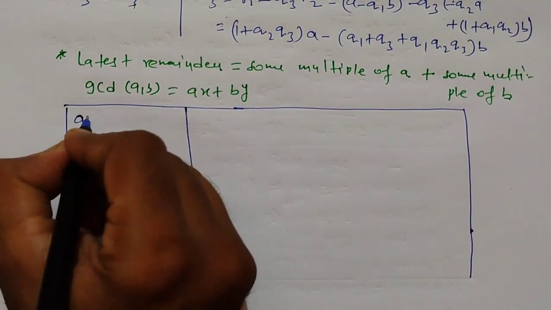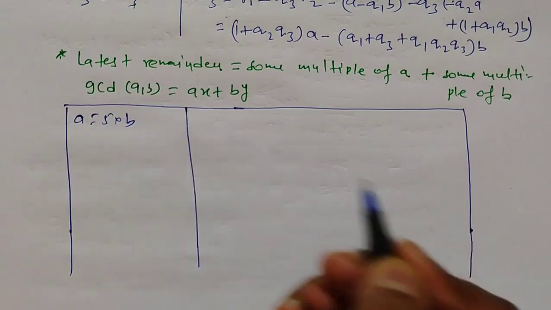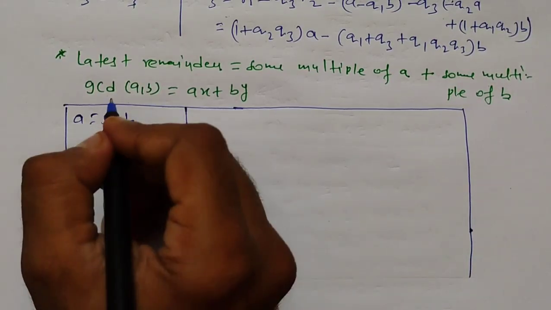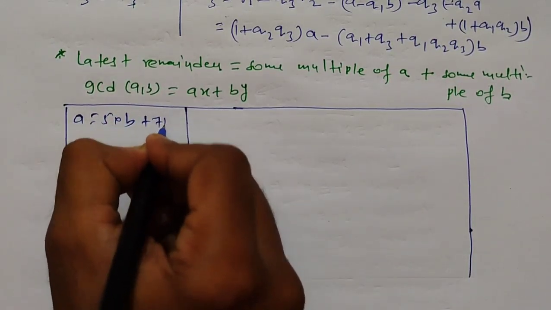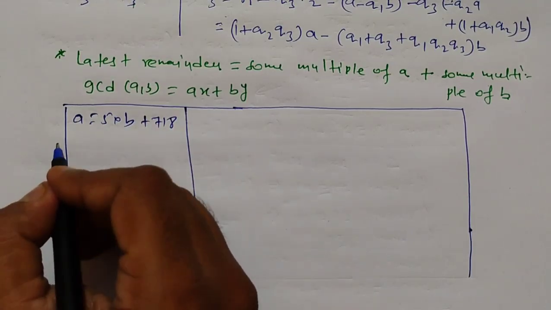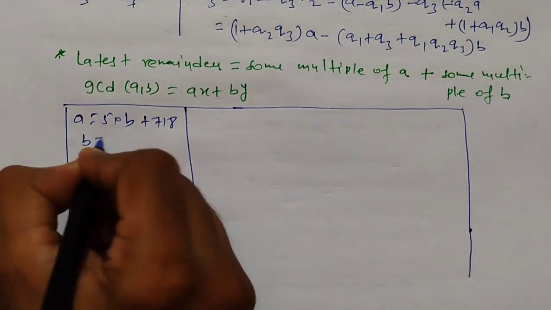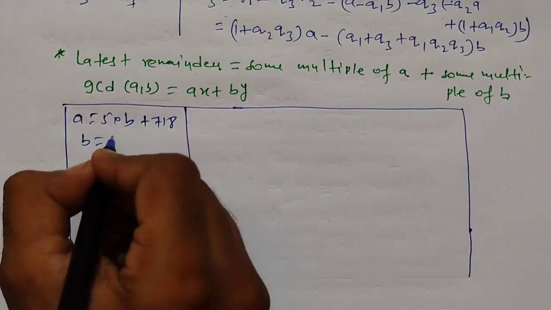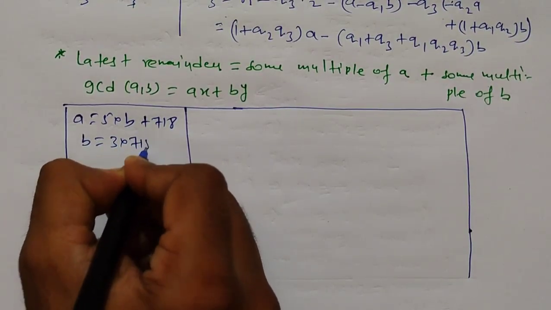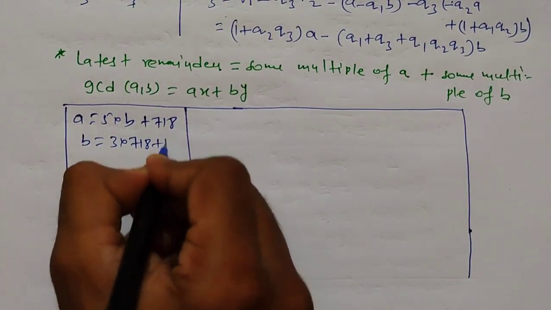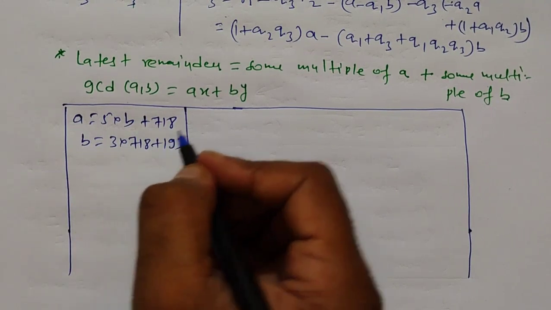This is for A is equal to 5 into B plus, we are taking some example, 718, and B is equal to 3 into 718 plus 193.